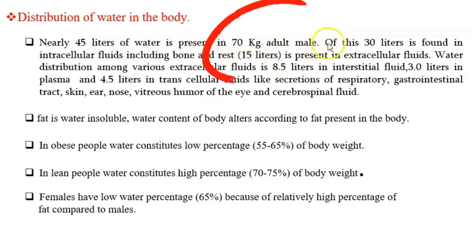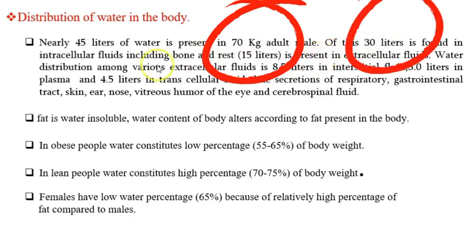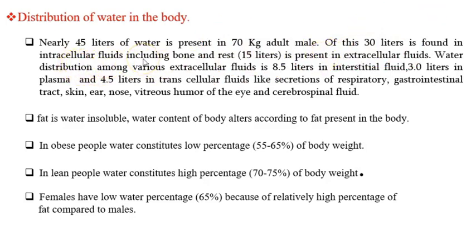Out of this 45 liters, 30 liters is found in intracellular fluid, while the remaining 15 is present in extracellular fluid. Of this 15 in the extracellular fluid, 8.5 forms the interstitial fluid, 3.0 is found in plasma, while 4.5 is in the form of transcellular fluid.